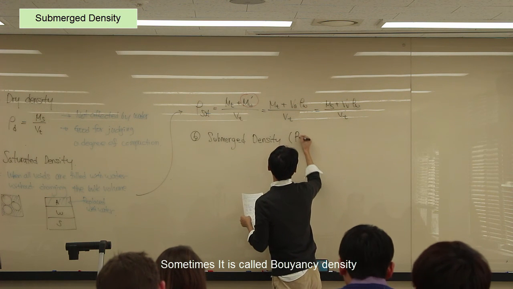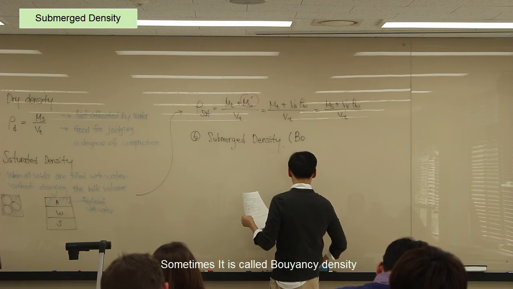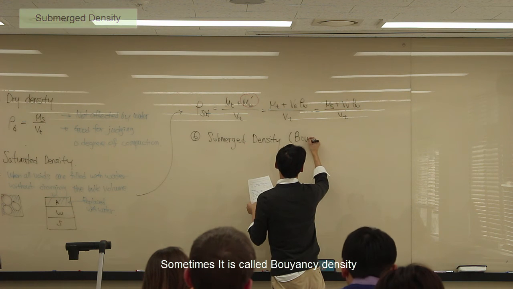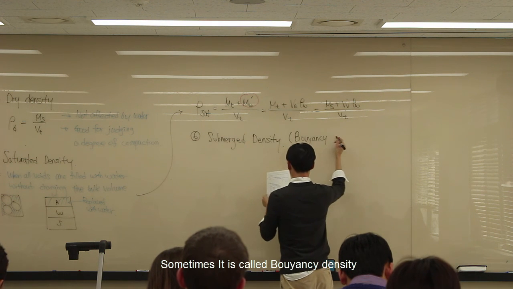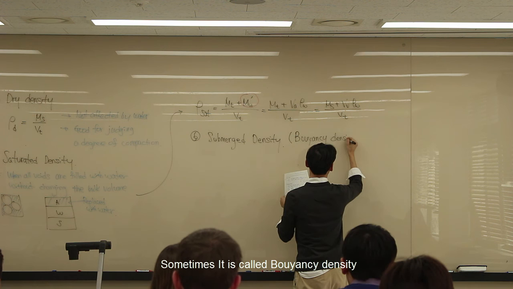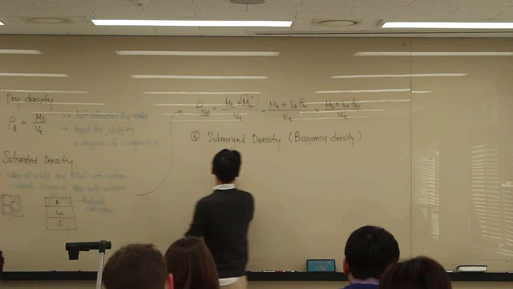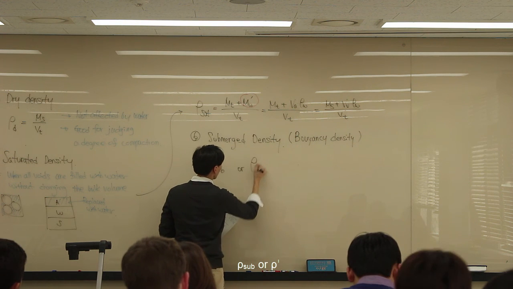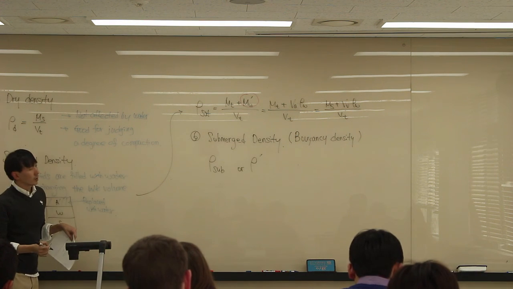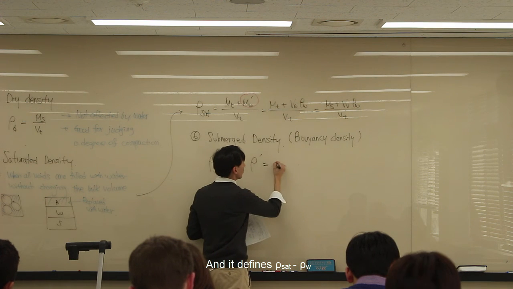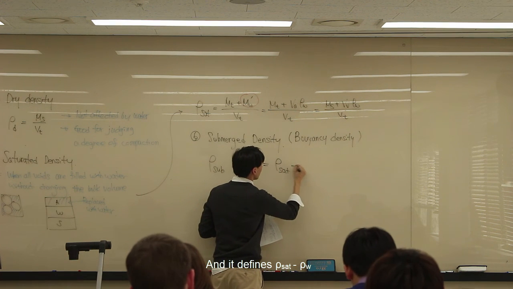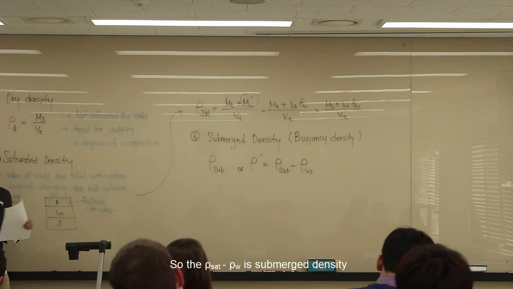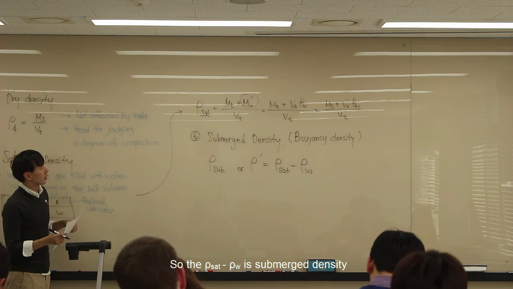Submerged density is sometimes called buoyant density, rho stop or rho prime, and this is defined as rho saturated minus rho water. So the saturated density minus water density gives you the submerged density.